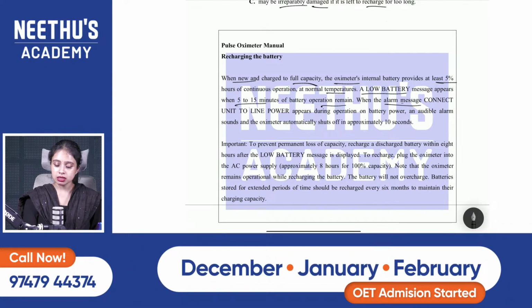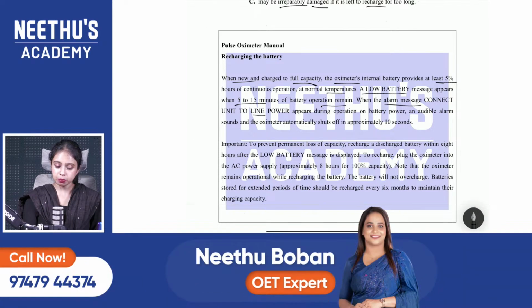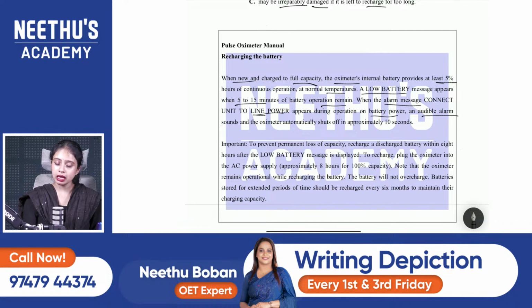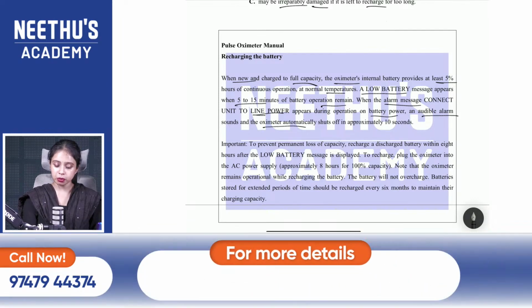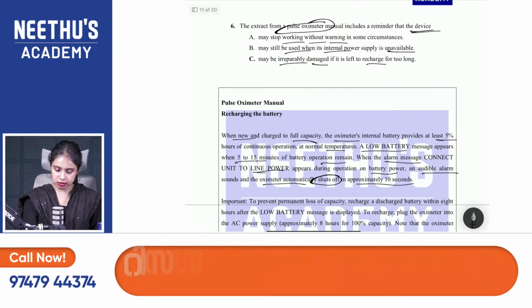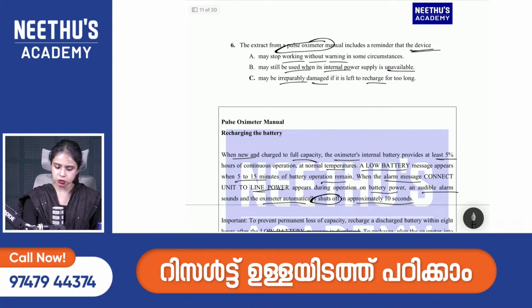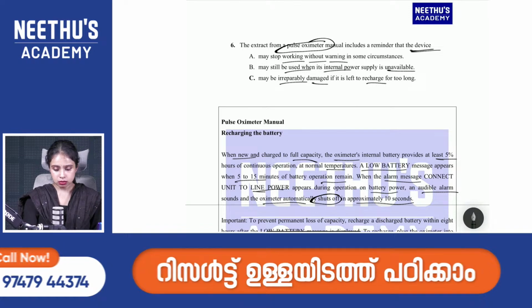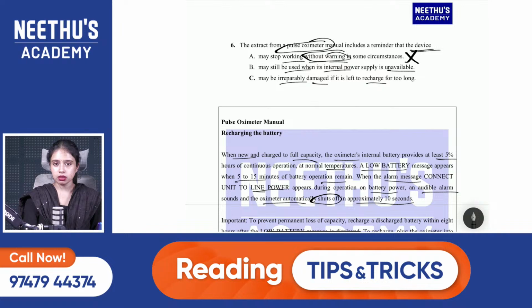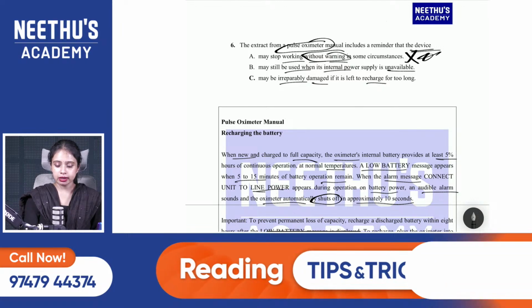When the alarm message connect unit to line power appears during operation on battery power, an audible alarm sounds and the oximeter automatically shuts off in approximately 10 seconds. So from those sentences, I think we can simply eliminate option A, without warning or no, with warning, see, with loud alarms. So contradictory or opposite option.